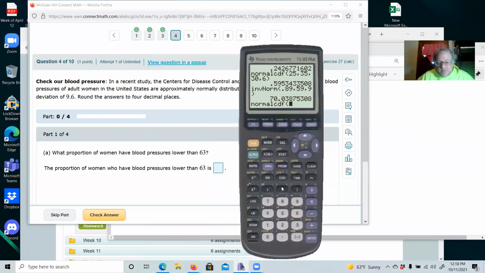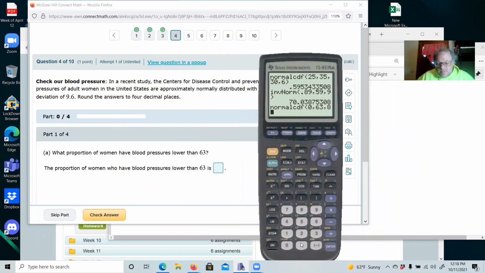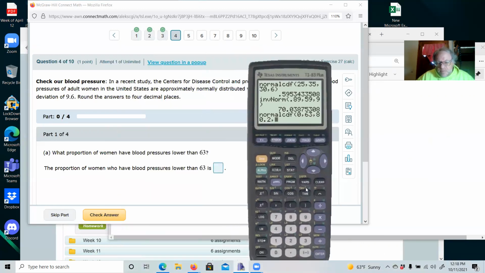We've got 0, 63, comma, what's our average? 80.2. And then our step size, our standard deviation, is 9.6. Okay, there we go. We're good.